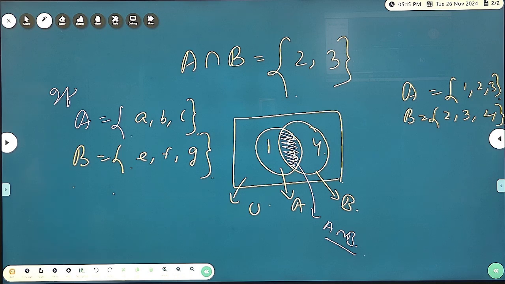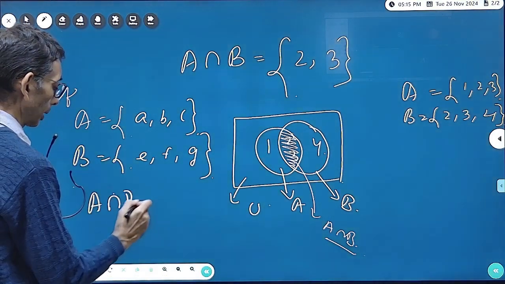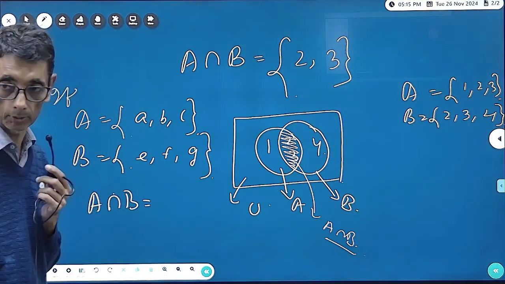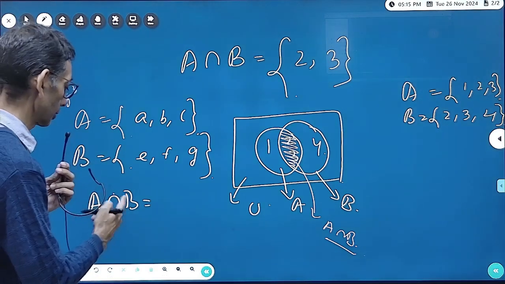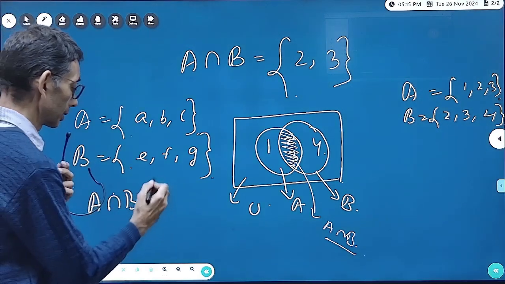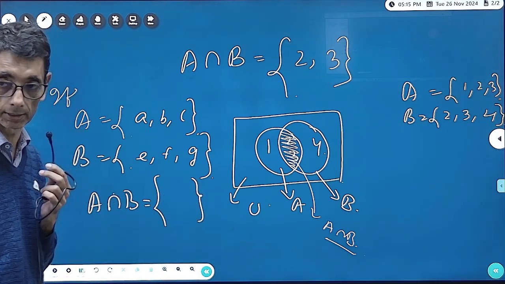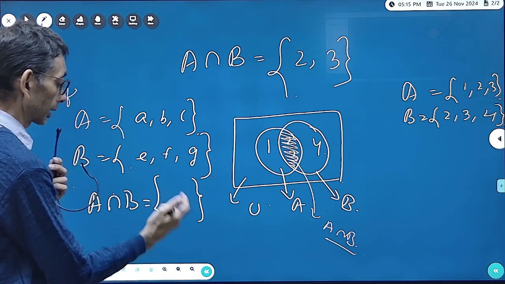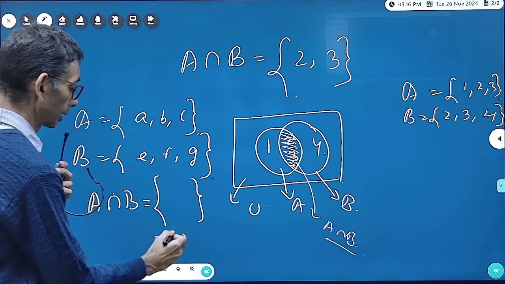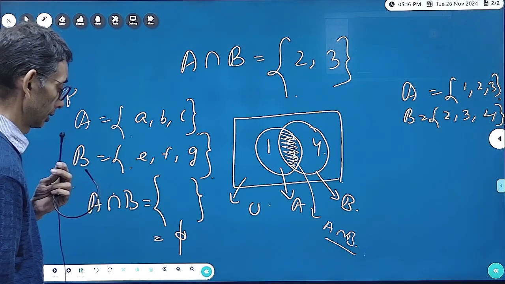What is the intersection of these two sets? What is common? There is no common element, so A intersection B will not contain any element. When there is no element, what do we call that set? Null set. How do we represent the null set? We write a second bracket with nothing inside, or it can be represented by phi.